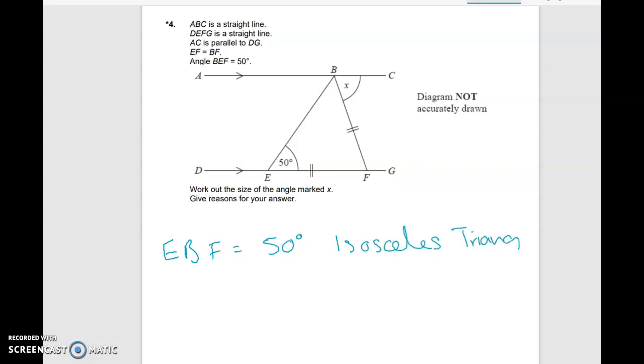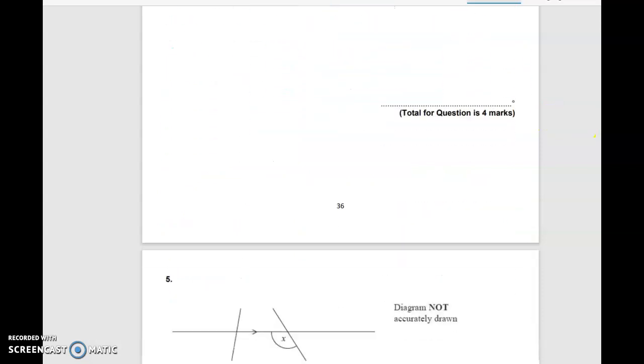Okay then, so we've got that. Now I'm going to draw this in. So we've got another. Can we work out that one there? So you can write down the angle ABE and give the rule that I've just drawn there. And then you can find X because you know these two, and this is a straight line. Okay, so have a go at doing that one there.